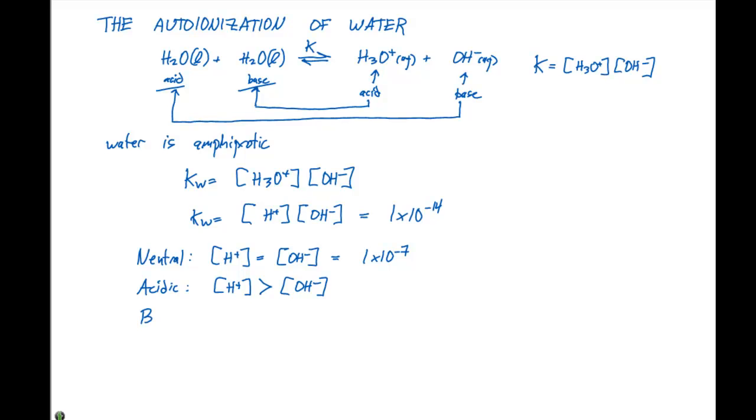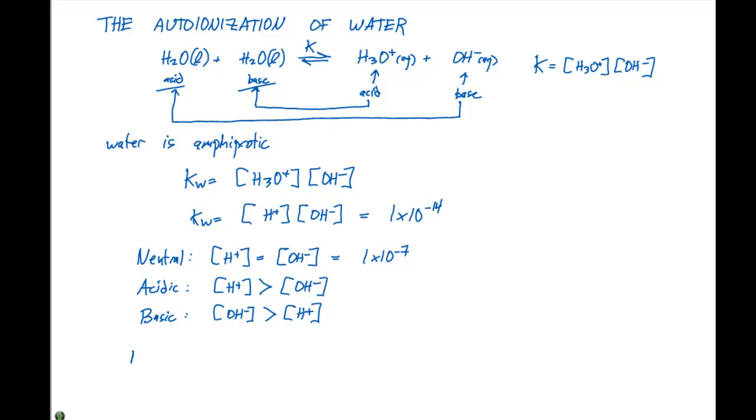And if we have a basic solution, our concentration of OH- is going to be greater than our concentration of H+. Knowing Kw will allow us to calculate the concentration of H+ when we know the concentration of OH-, or calculate the concentration of OH- if we know the H+.